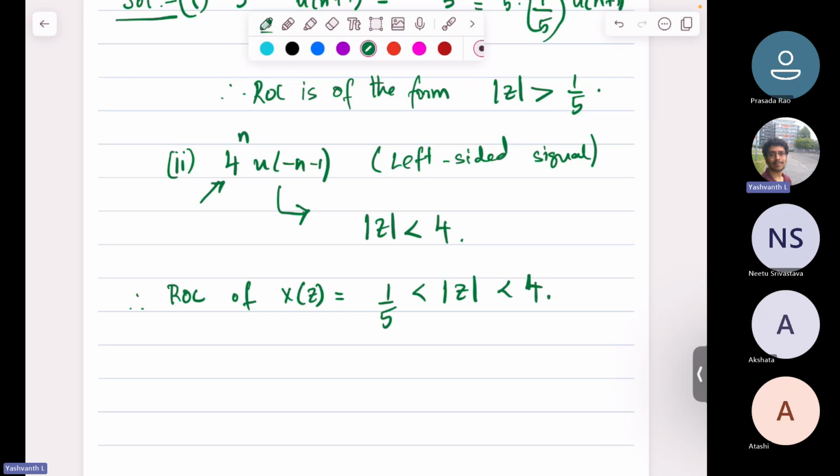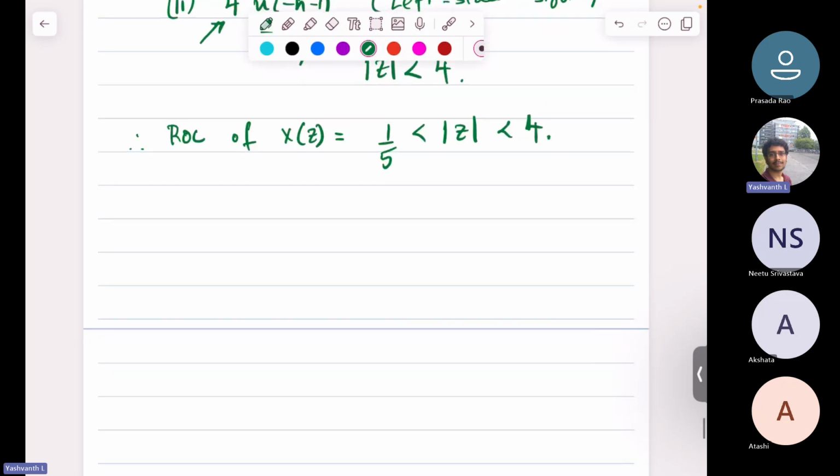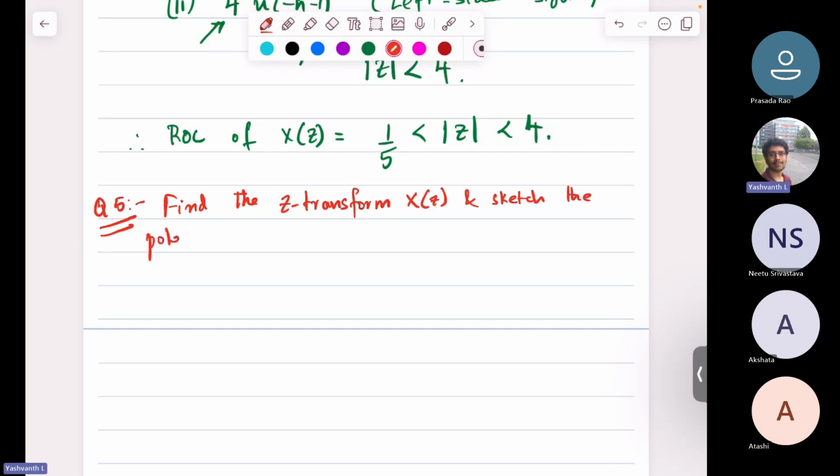Okay, so next let's solve this question. Find the z transform x of z and sketch the pole zero plot with the ROC for the following signals.